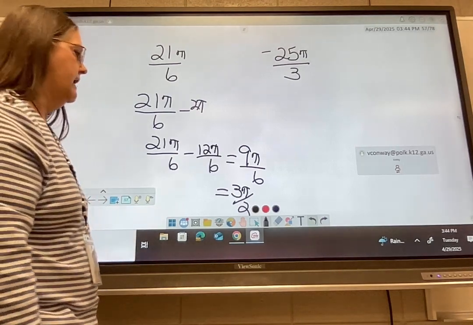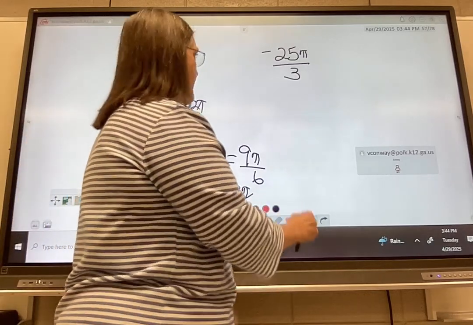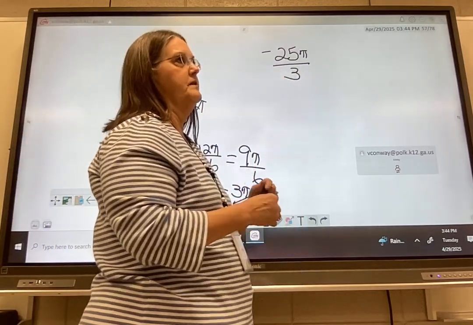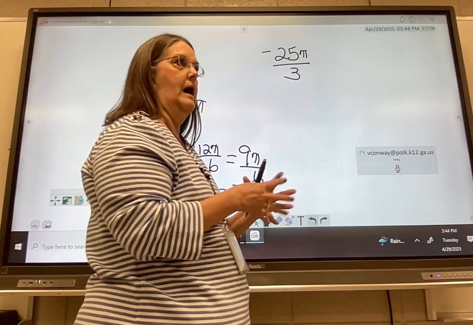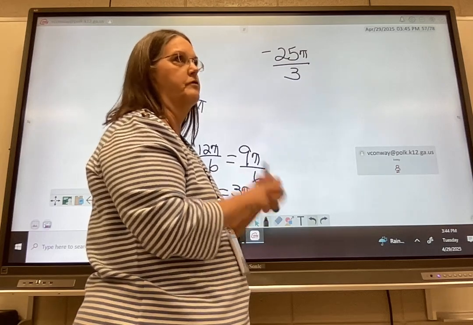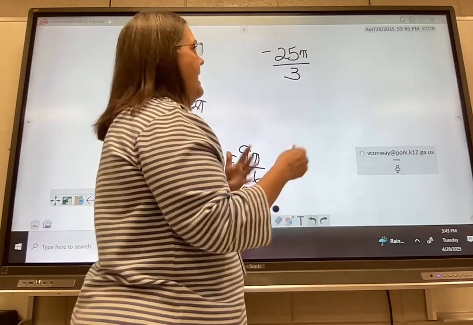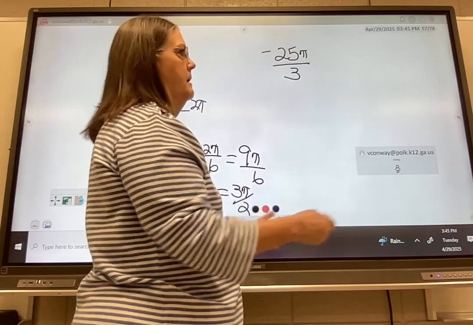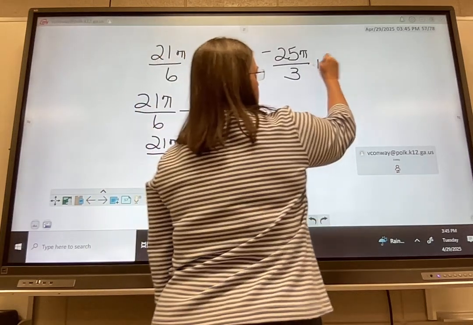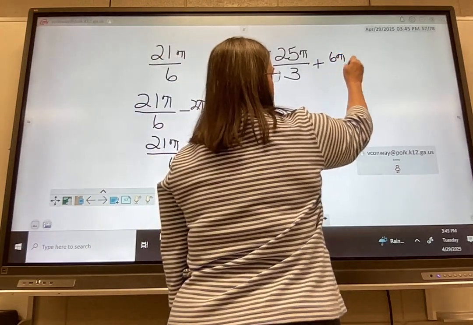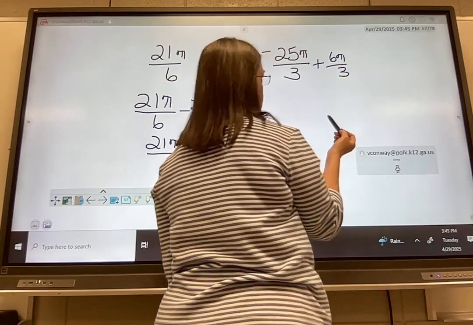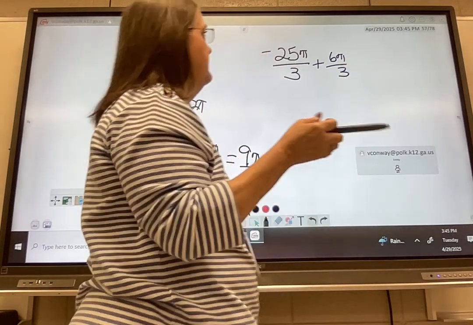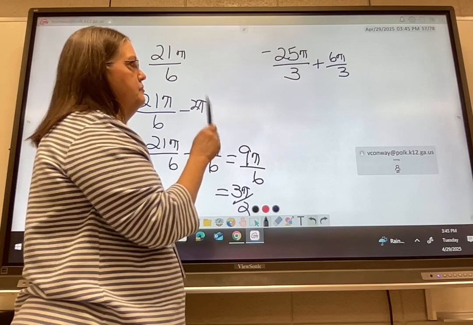Now, you do the same thing when it's negative, except this time you add 2 pi, which is 6 pi over 3. So I want to add that until I make it go positive. So plus 6 pi over 3, you know that's not going to be big enough. Another way to think of it is how many times does 6 go into 25?